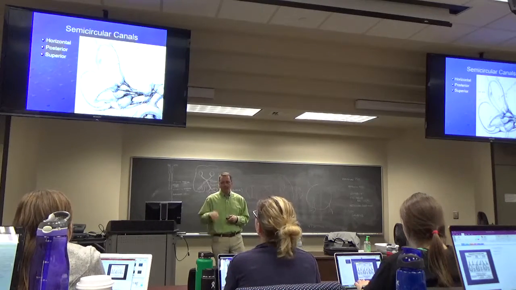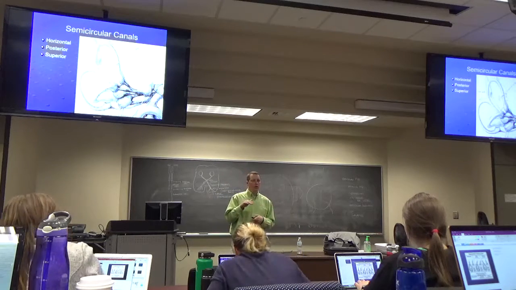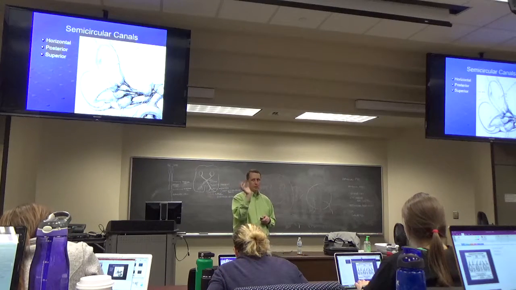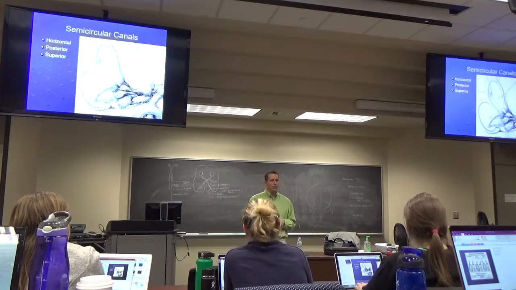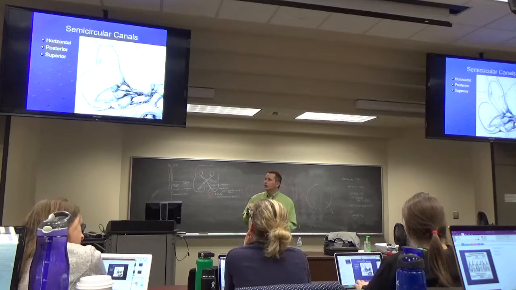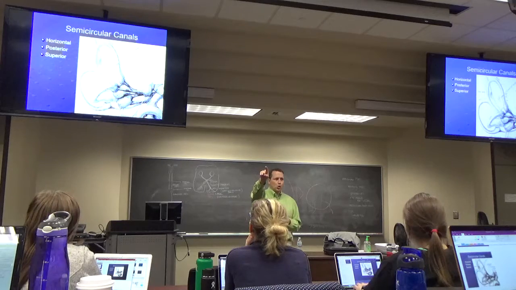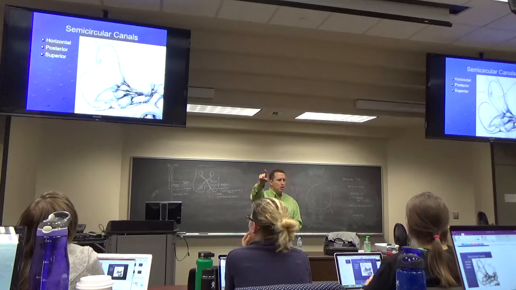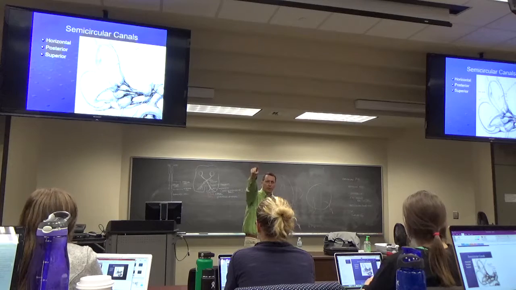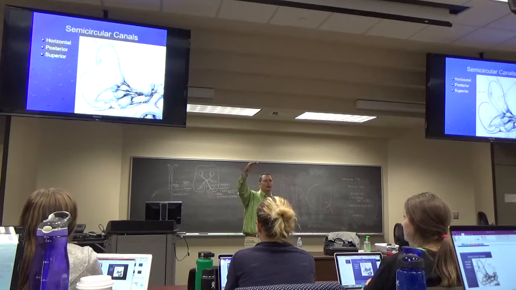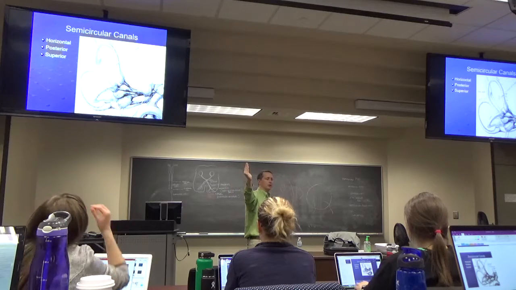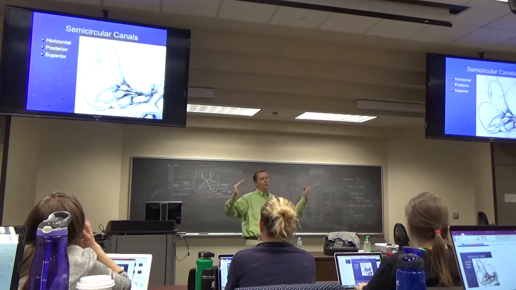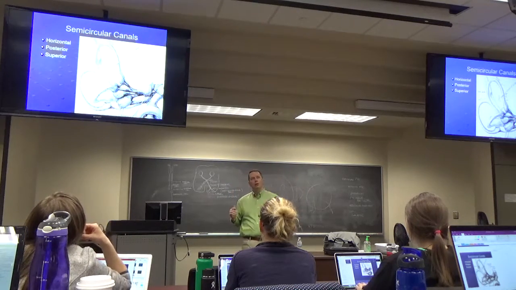Okay, so you have 3 semicircular canals which sense rotation. The best understanding of how those canals are oriented is to look at the corner of a room. If I'm looking at that back corner, the ceiling is the horizontal canal, and then one wall is the posterior canal, and one wall is the superior canal.